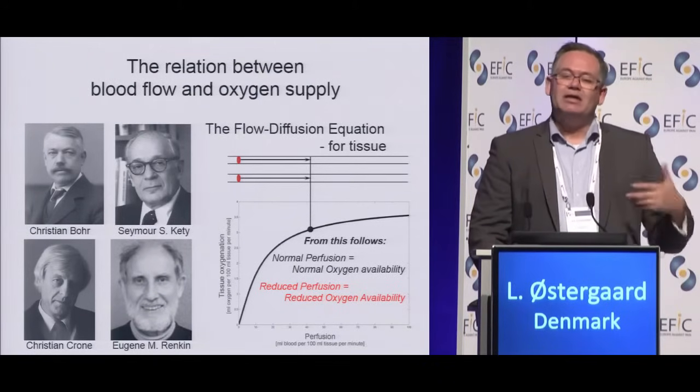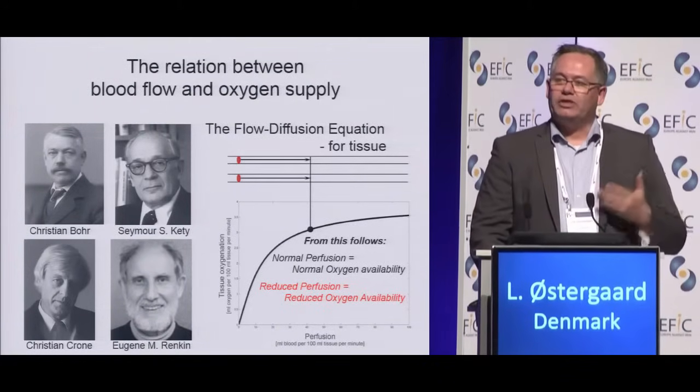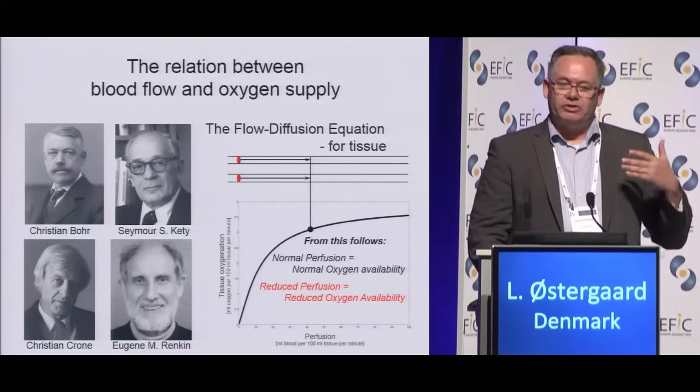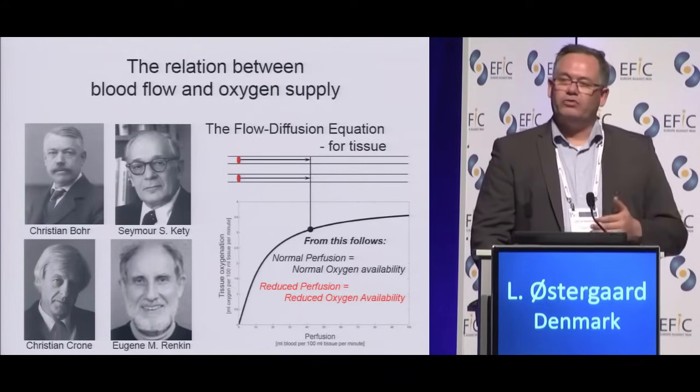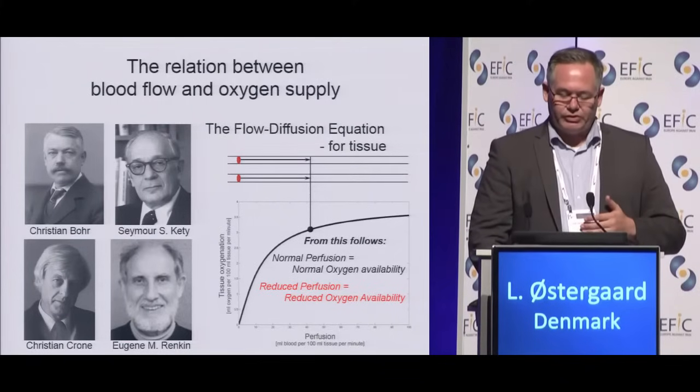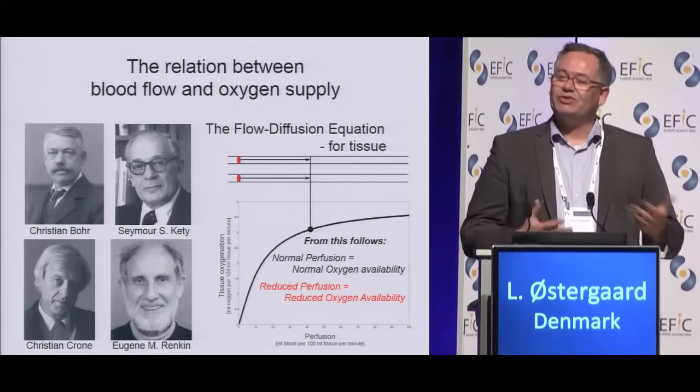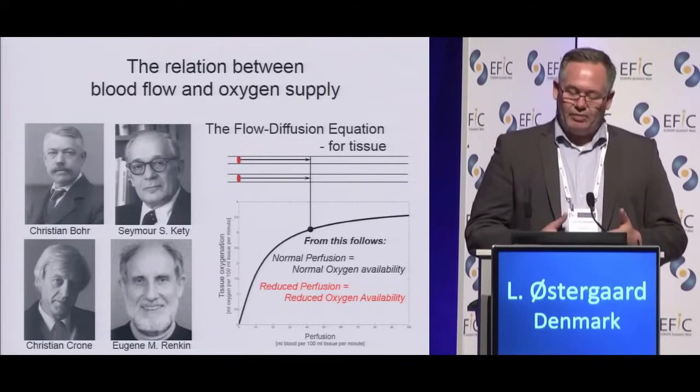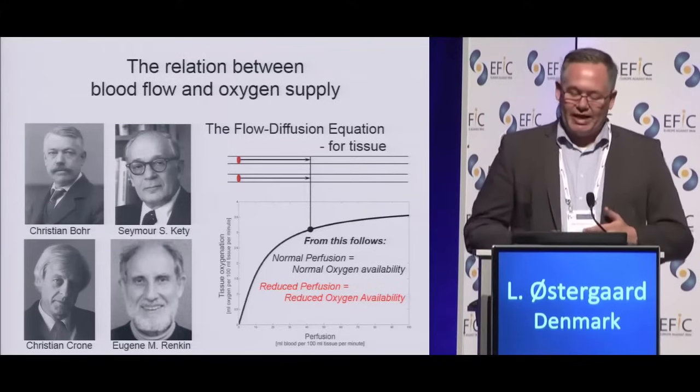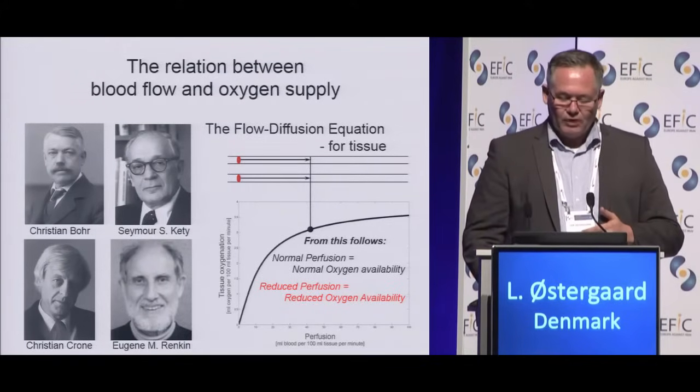And that's why these findings you saw before in the nerve endings were so critical, because that would imply that because there was normal flow, there ought to be normal oxygenation. And also that for oxygen availability to be reduced, you'd need to see reduced perfusion, but they didn't see that in those nerves.